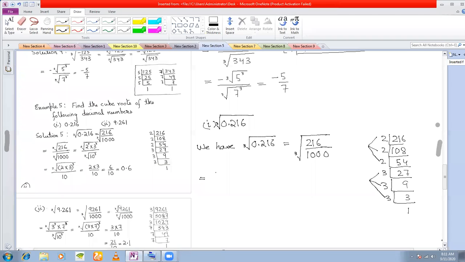So that means this can now change to the cube root of 216 divided by the cube root of 1000, which can now be written as the cube root of 2 into 2 into 2 into 3 into 3 into 3 divided by, and you know that 1000 can be written as 10 cube, or if you want you can prime factorize 1000 also.